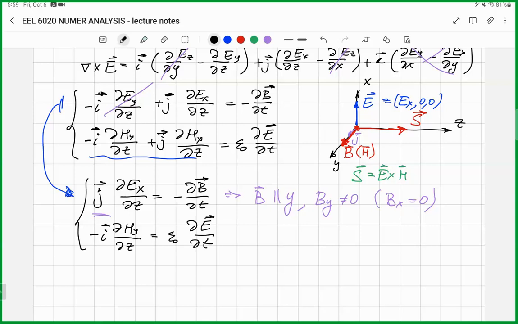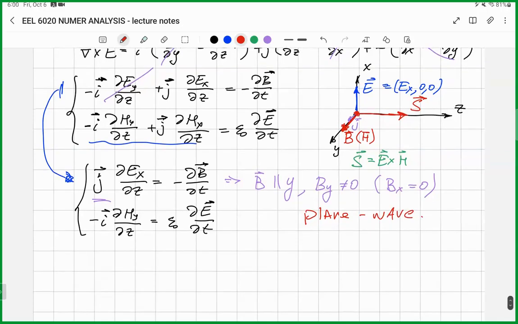And this type of field is known as the plane wave. It's a plane wave because it depends on only one coordinate, along which it propagates.